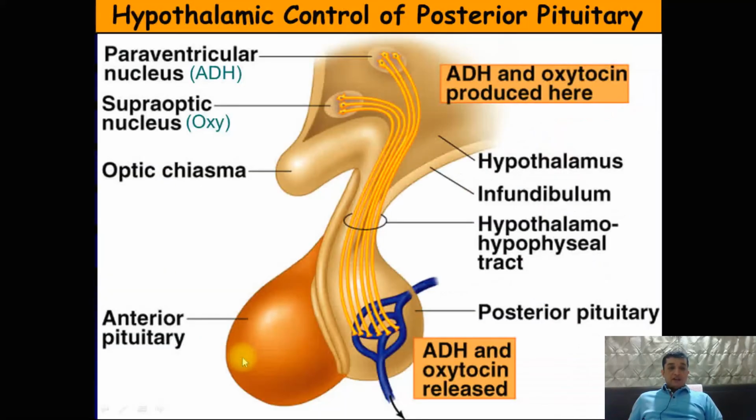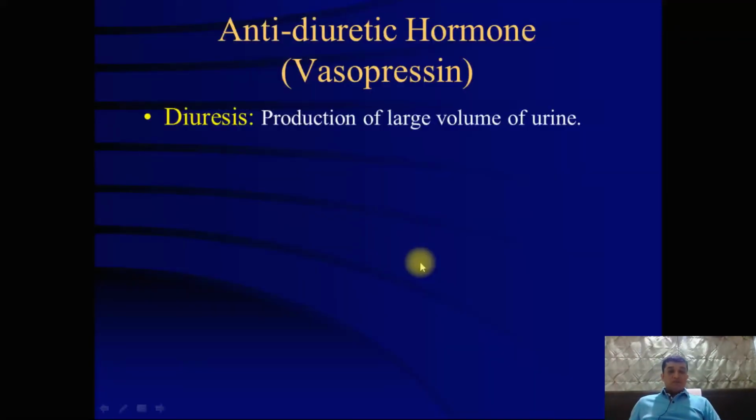One more diagram that will help you in understanding. So these are nuclei, paraventricular nucleus, that is ADH or vasopressin. Again, supraoptic nucleus, that is oxytocin. This is the simple structure, and because this part, the infundibulum, the median eminence, and the posterior pituitary, these three have neurons, you consider this a part of the neurohypophysis.